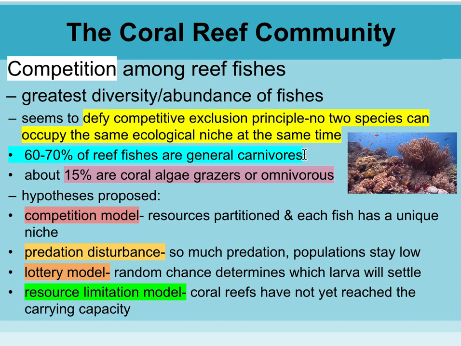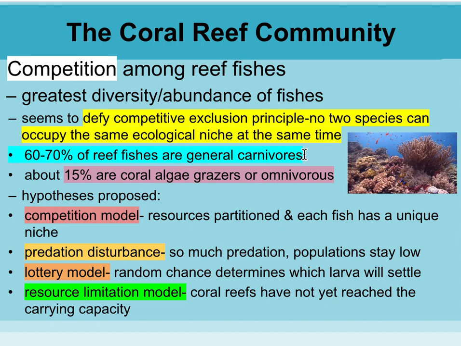Some hypotheses of why this happens is that there's a competition model, meaning that resources actually are partitioned out into a unique niche, but it's so nuanced that we don't really understand it. Some is that there's so much predation that keeps populations low.